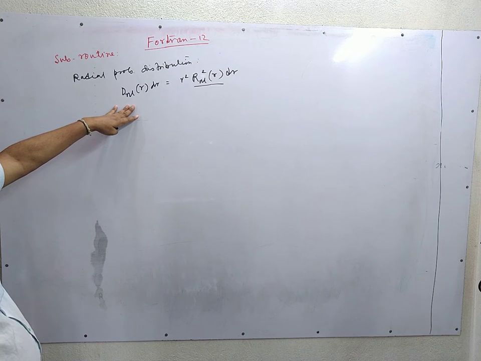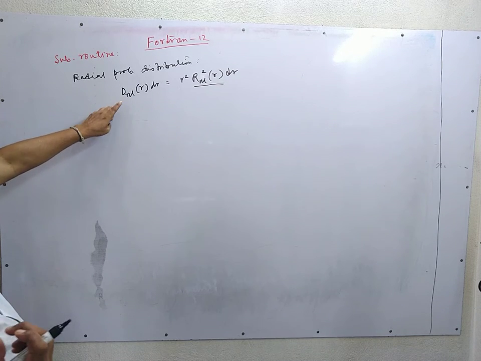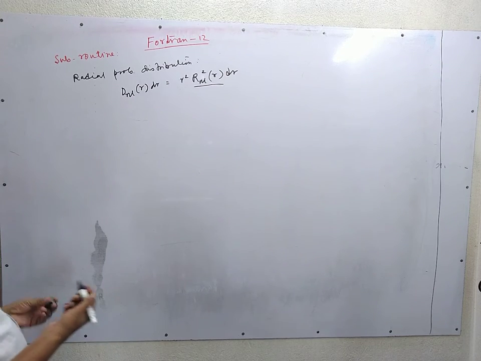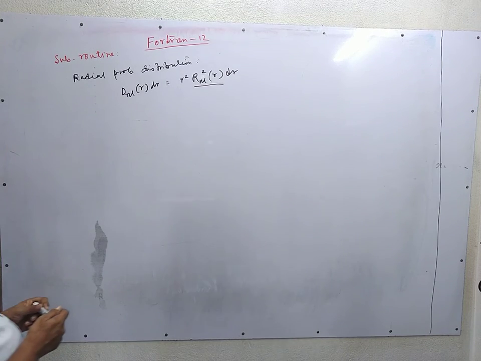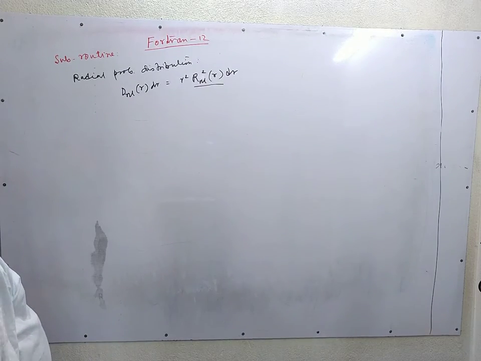This gives you the probability of finding the electron within a spherical shell of radius r to r plus dr in a state designated by n and l, principal quantum number n, and the orbital angular momentum quantum number l.